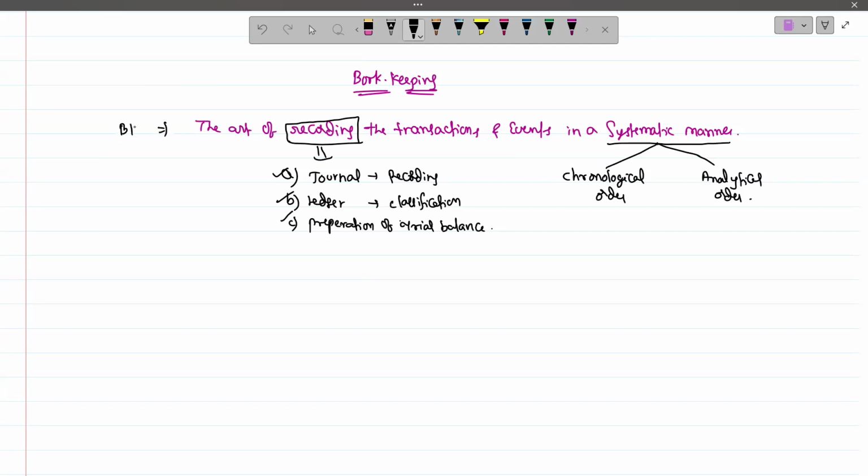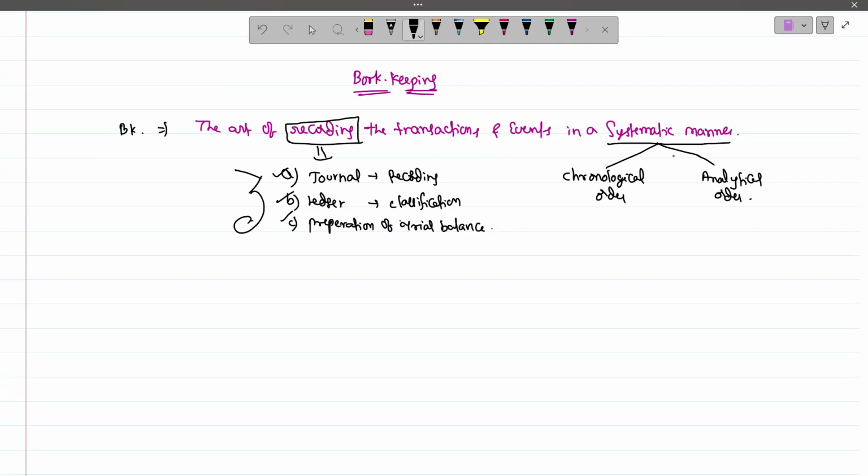Bookkeeping stands for the art of recording the transactions and events in a systematic manner. Bookkeeping consists of three stages: one is recording, another is classification, and another is preparation of the trial balance.